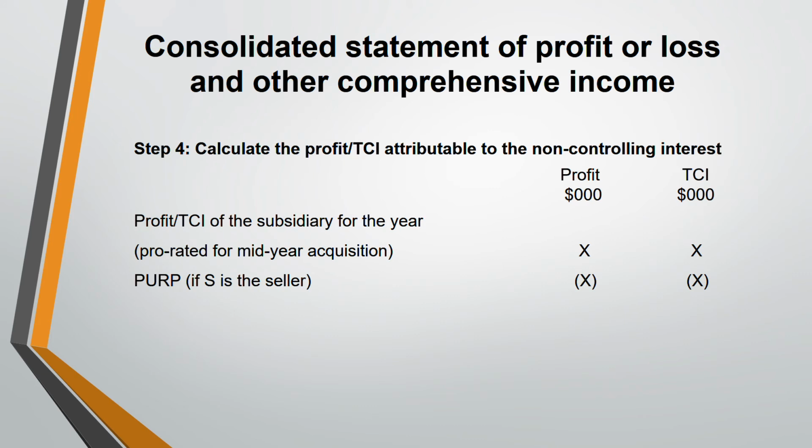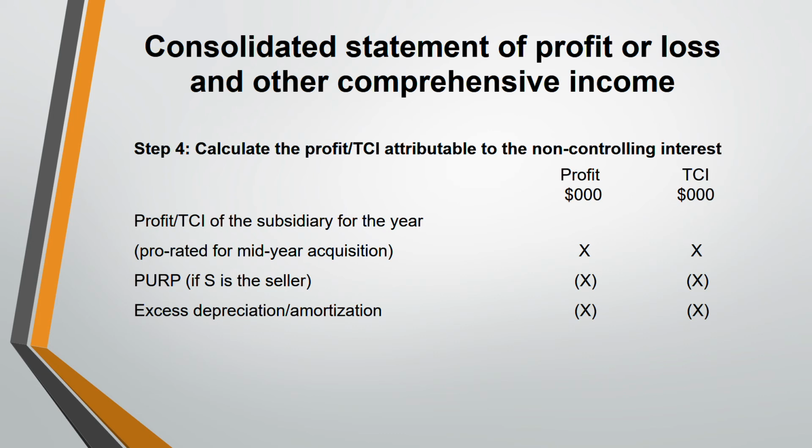PURP, provision for unrealized profit, if S is the seller. That means subsidiary is the seller. Then deduct it. Now, why not if P is the seller?